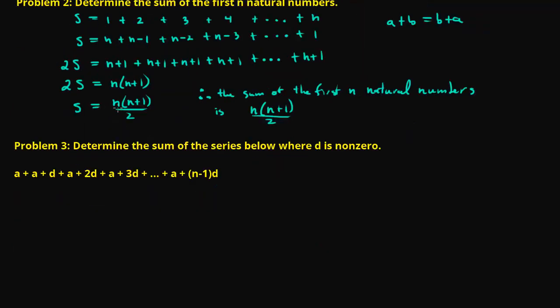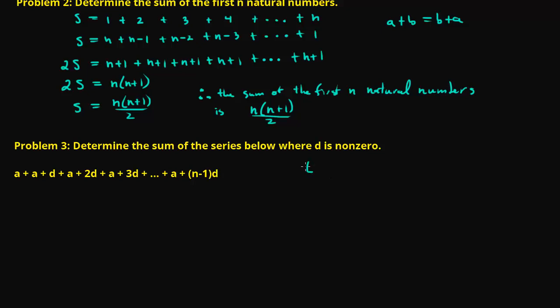Now let's see if we can extend this problem to problem 3, where we have a plus d plus a plus 2d plus a plus 3d plus ... all the way to a plus n minus 1 times d. So this series is an arithmetic series. It has first term a, second term a plus d, third term a plus 2d, fourth term a plus 3d, and nth term a plus n minus 1 times d.